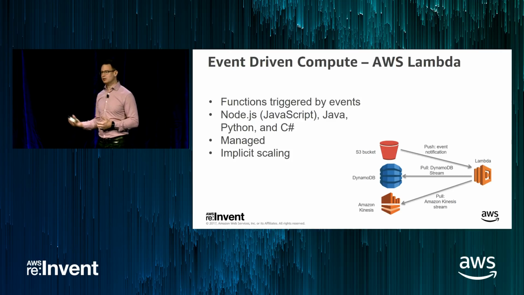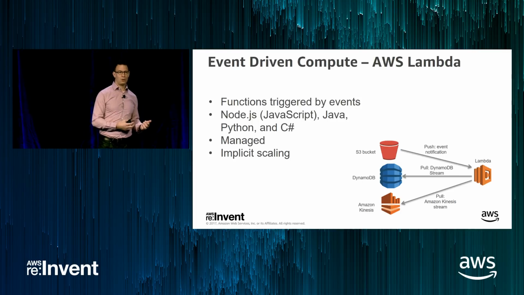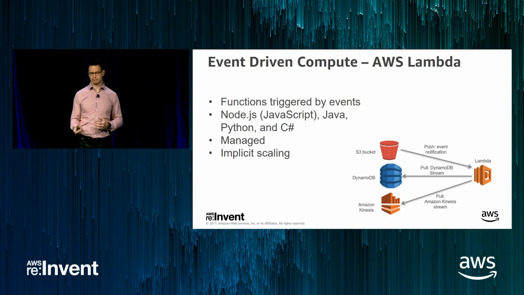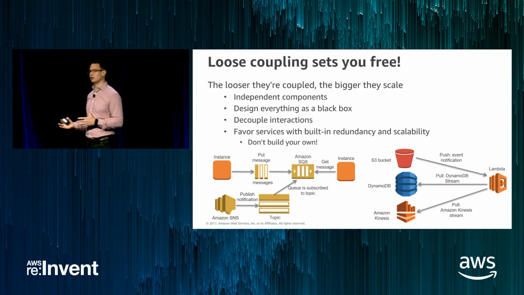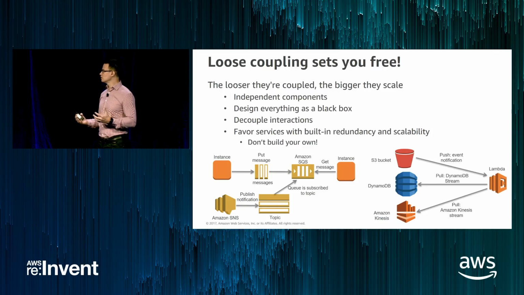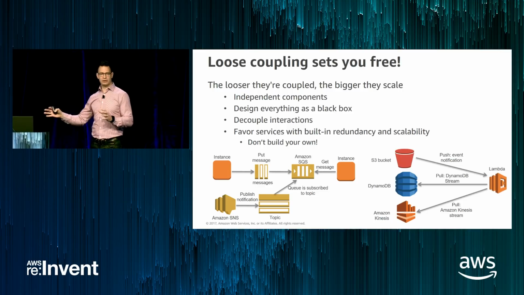And it can be triggered based on events like changes to your S3 bucket, or changes to your DynamoDB database, or a Kinesis stream. So loose coupling can really set you free, and using serverless computing as well, because it can decouple the interactions between your systems, and it's something that you don't have to control or operate. It'll just automatically scale for you.